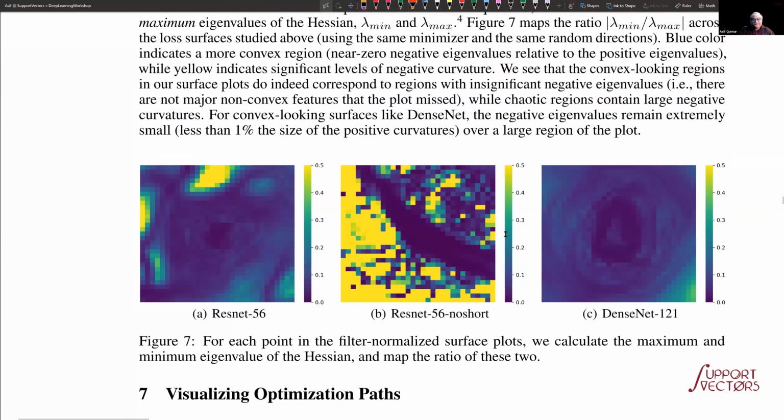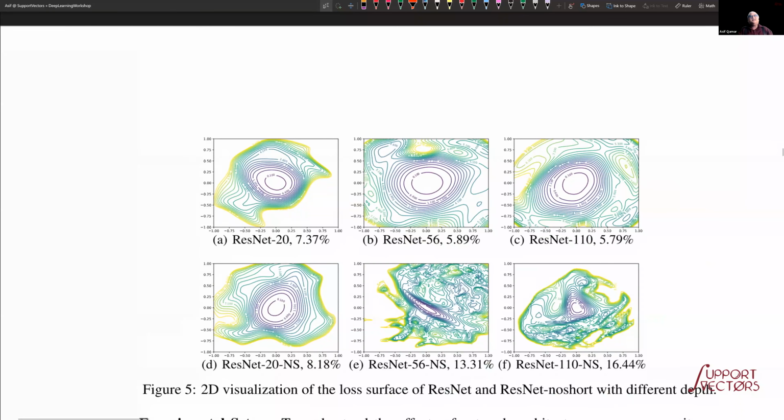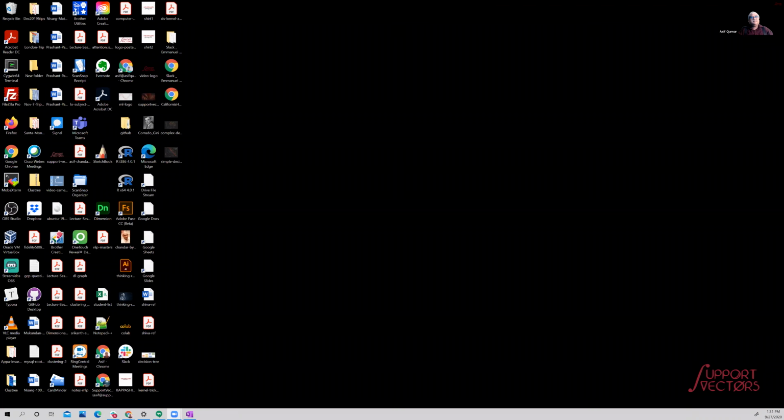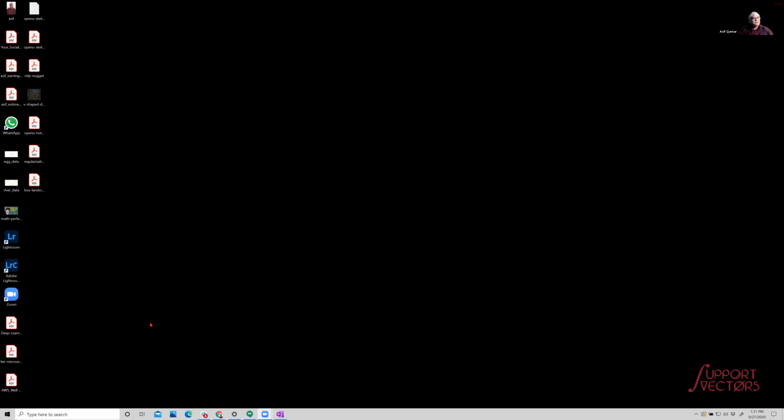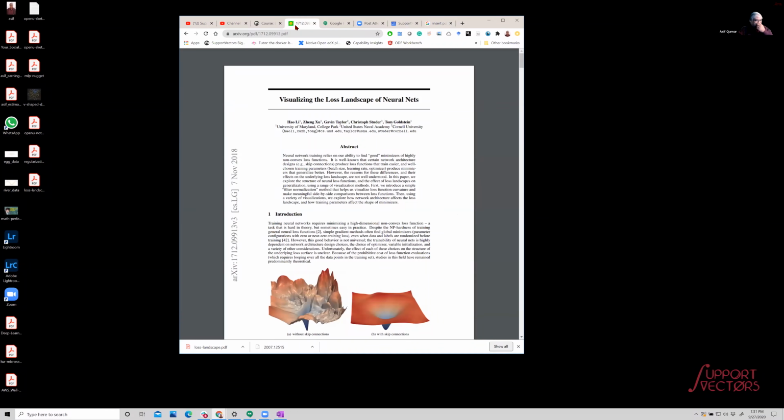Let me go here to share the other screen rather. PDF, OneNote. So if you go to a class page, which we should do now, this was the paper.